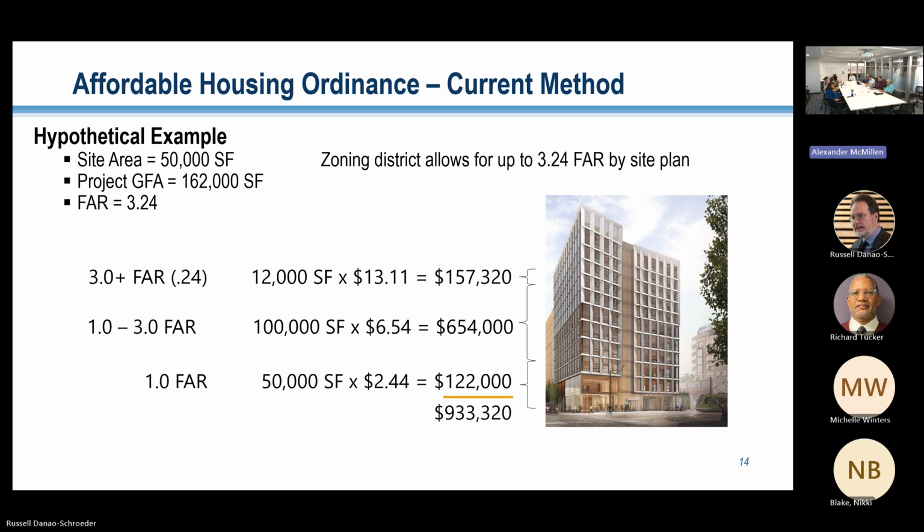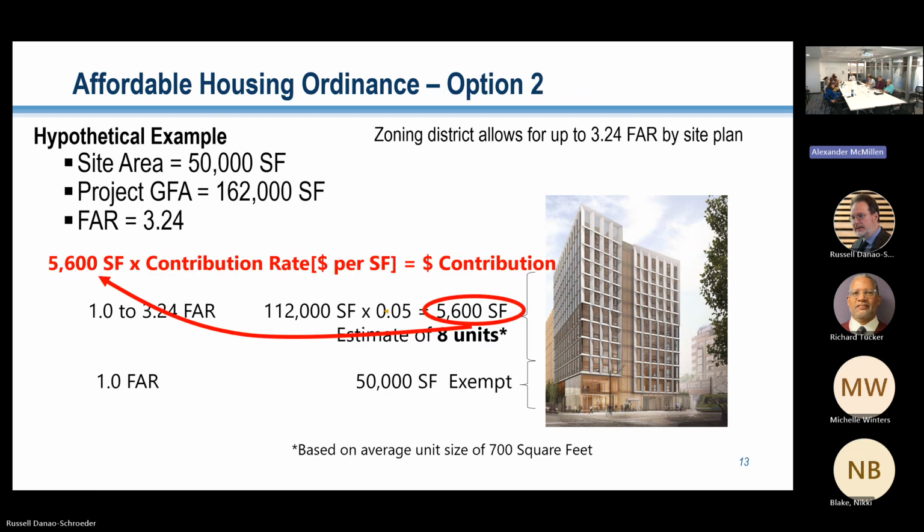And so the second option that we talked about tonight was, on all projects, calculating what this requirement is for an on-site unit. You take that requirement, the 5,600 square feet, and multiply it by some contribution rate, a dollar amount.